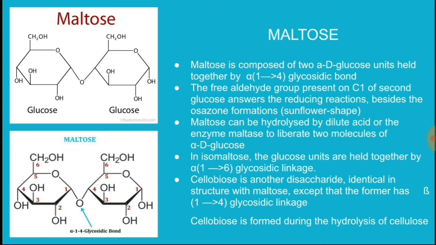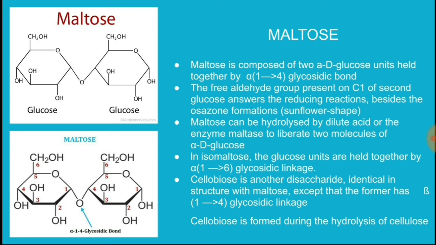Cellobiose is formed during the hydrolysis of cellulose. So these are the points under maltose. Read maltose again and again. They might ask what the composition of maltose is or the structure of maltose. So it is important for you to study maltose.